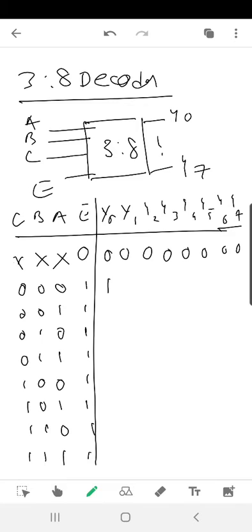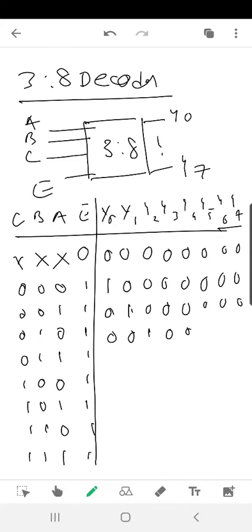Since it is active high, we will get 1 at y0 and the remaining will be at 0. For this case, since it represents 1, y1 will be selected and all other outputs will remain at 0. In this case, y2 will be selected and all other outputs will be at 0. Then y3 will be selected and all other outputs will remain at 0.